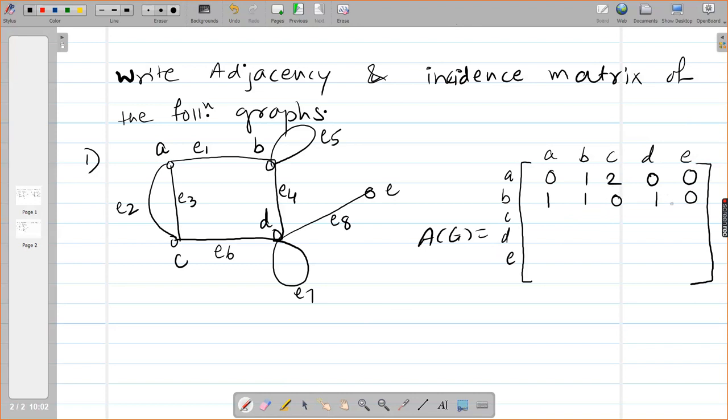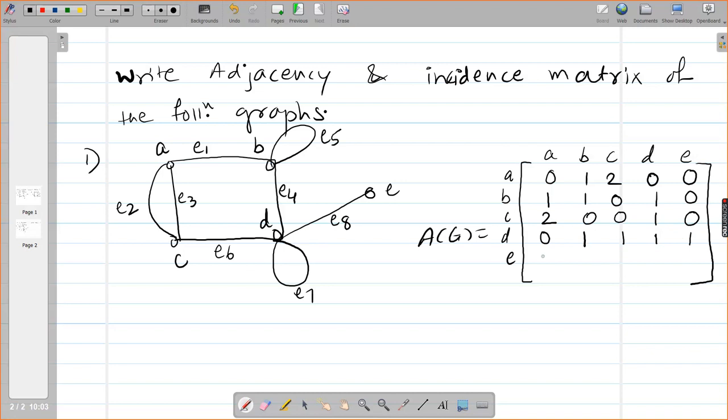B to E? No. C to A? Yes. C to B? No. C to C? No. C to D? Yes. C to E? No. D to A? No. D to B? Yes. D to C? Yes. D to D? Yes. D to E?